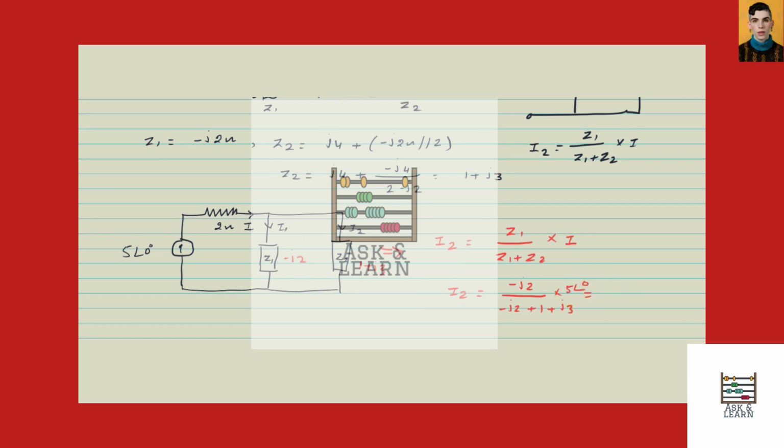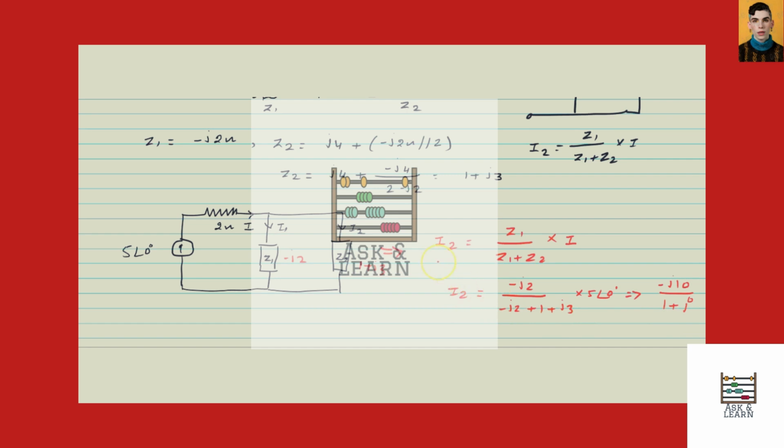Then the value of current I2 will be minus j10 upon 1 plus j. This is the value of current I2.